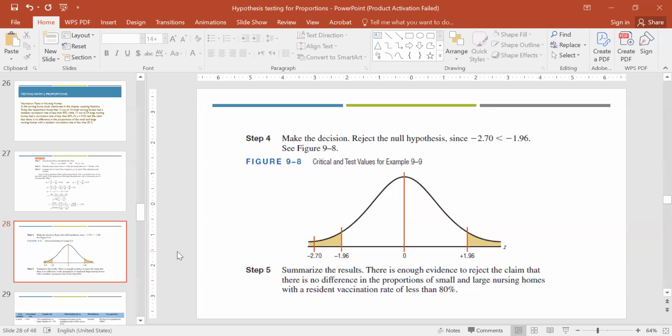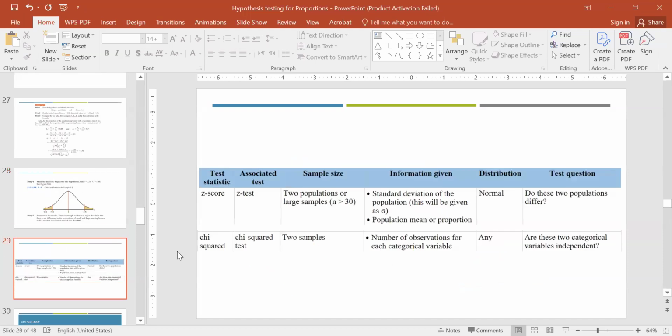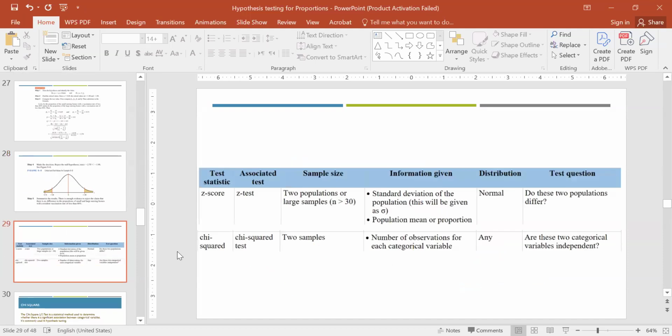This was the example of using the z-test for two proportions. We have another test, chi-square, which can be used on proportions, and in this slide there is a brief difference between the two tests.